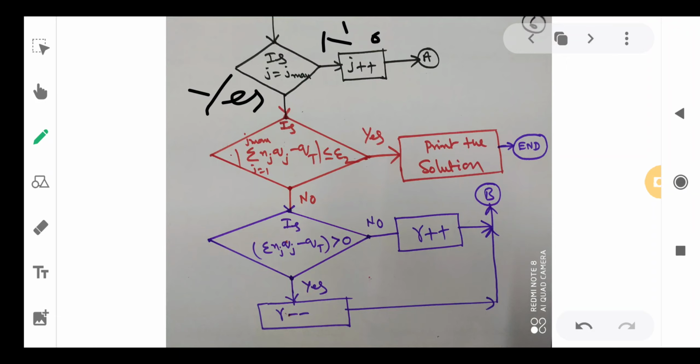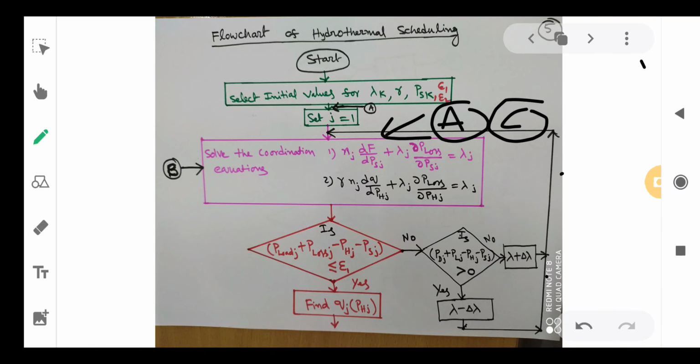If it is satisfying this equation, yes, print the solution and end. If it is no, is that quantity positive? If it is positive, reduce the gamma with delta gamma. If it is no, increase the gamma with delta gamma and go to point B. So this is point B. All are coming to here. Solve the equations.